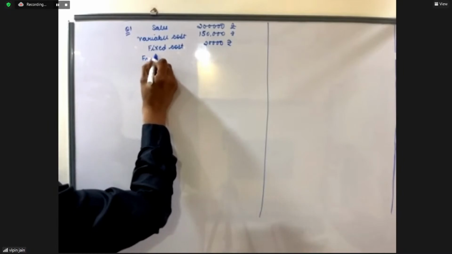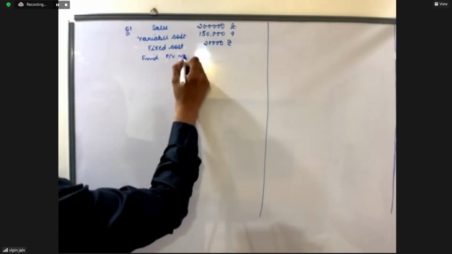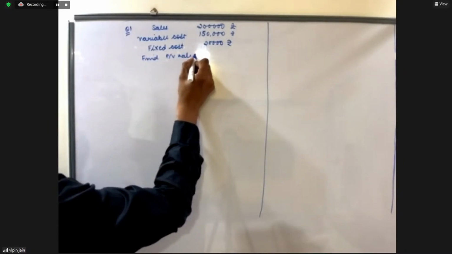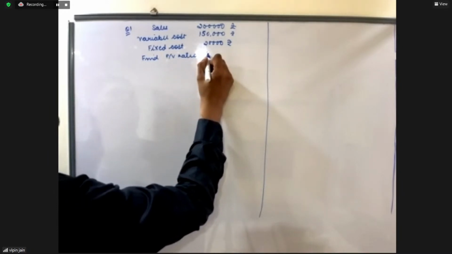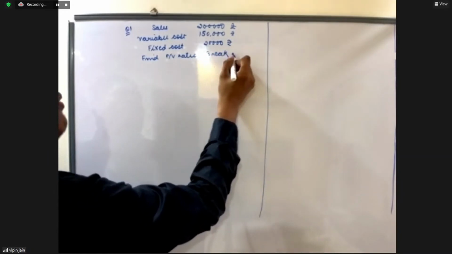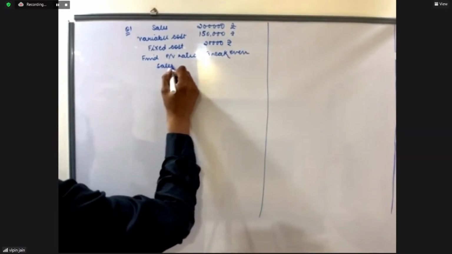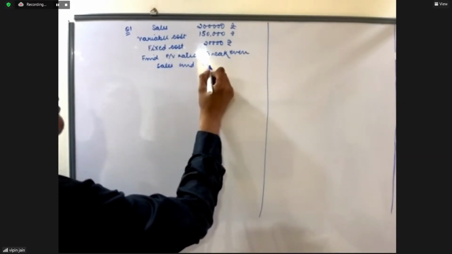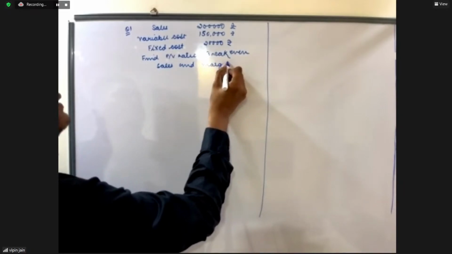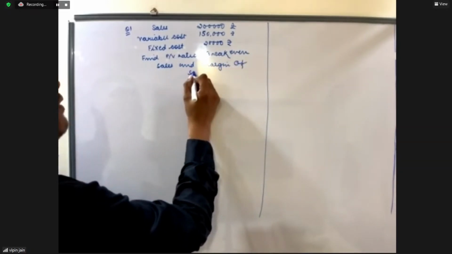Find PV ratio, break-even sales, and margin of safety sales.